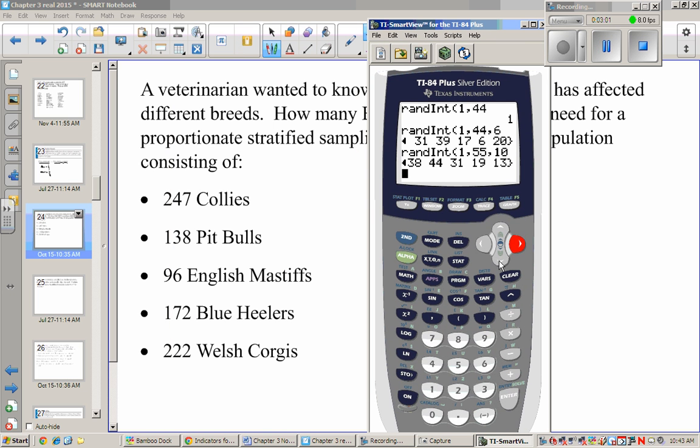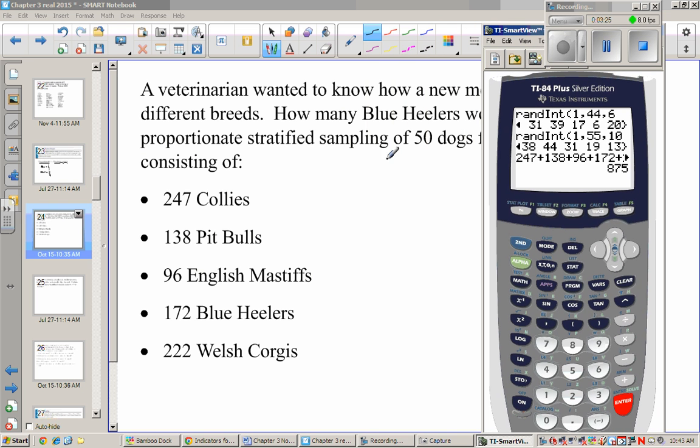And so we can just look at the total population by adding 247 plus 138 plus 96 plus 172 and finally 222. And we see that there is 875 dogs in that population.